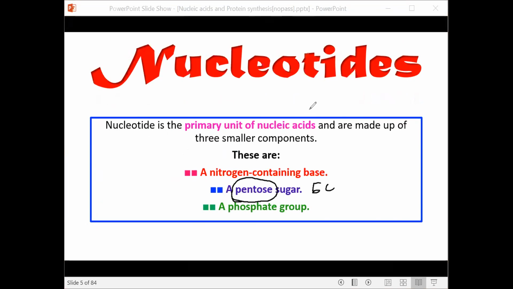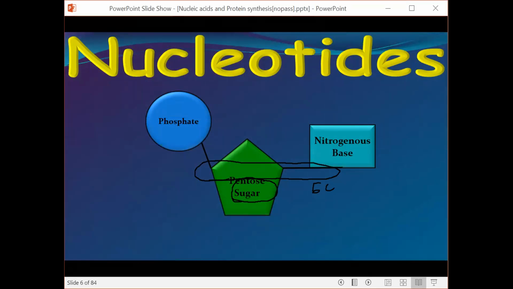Then the nitrogen base, a nitrogen-containing base, a big molecule. Then a phosphate group is there. This is how it is attached, as we had discussed earlier.